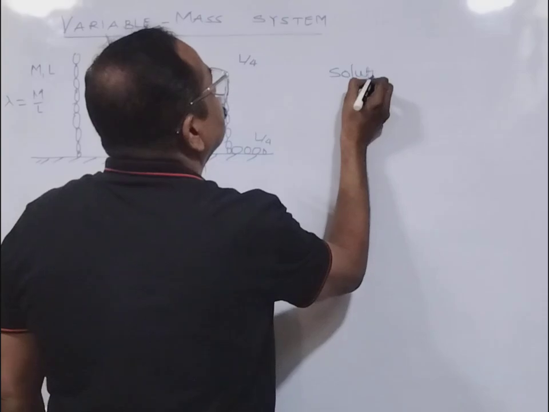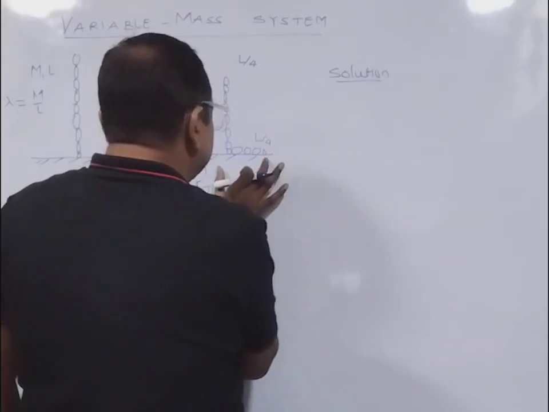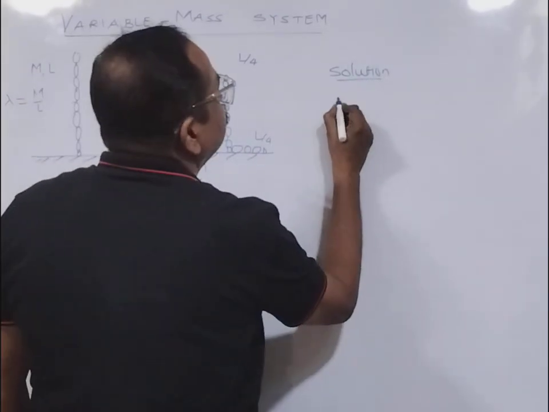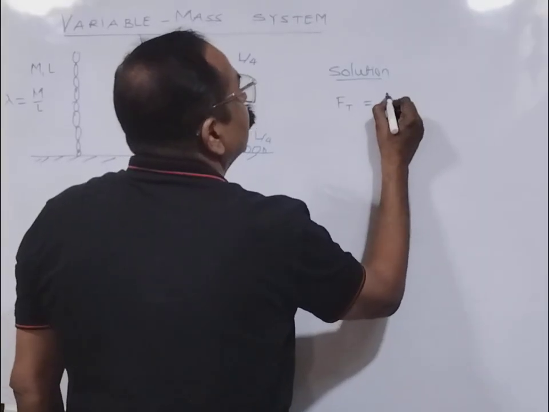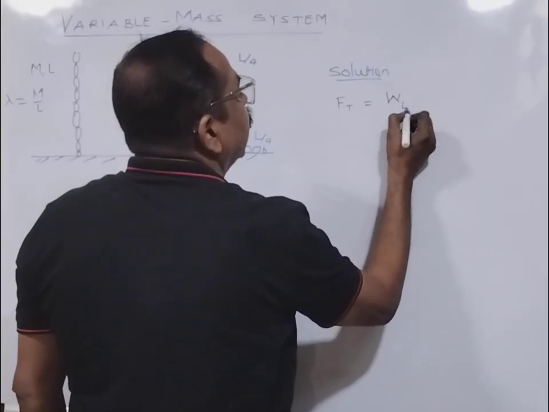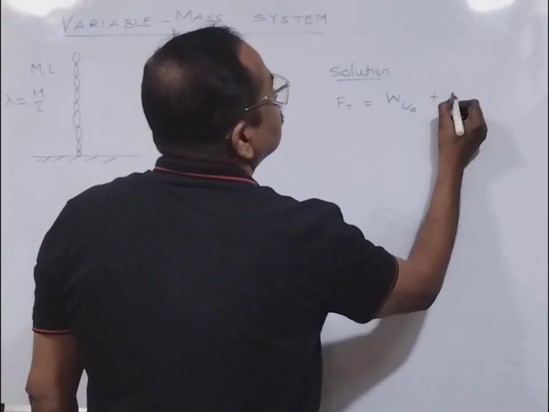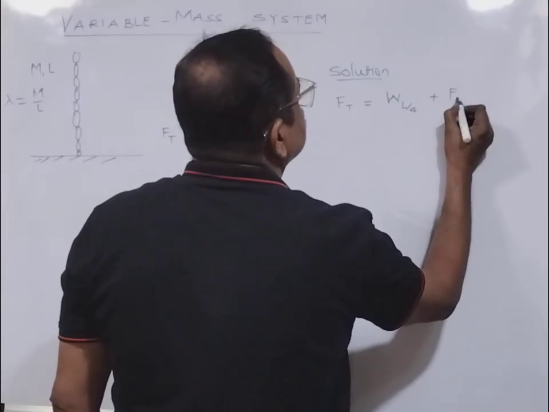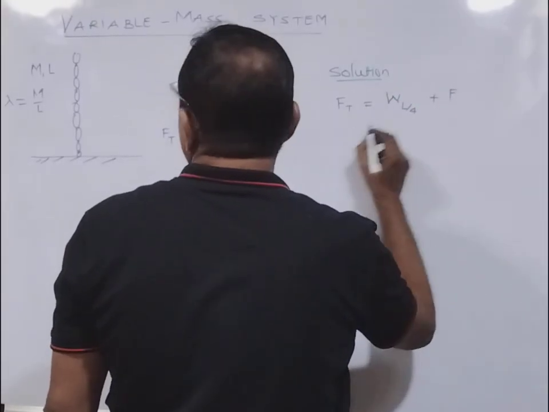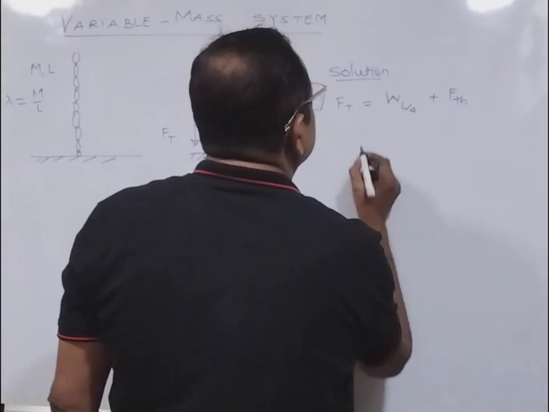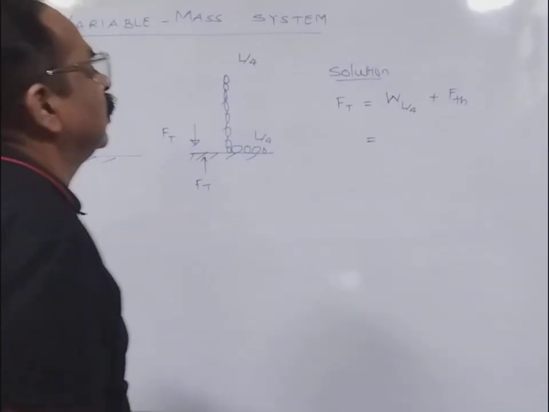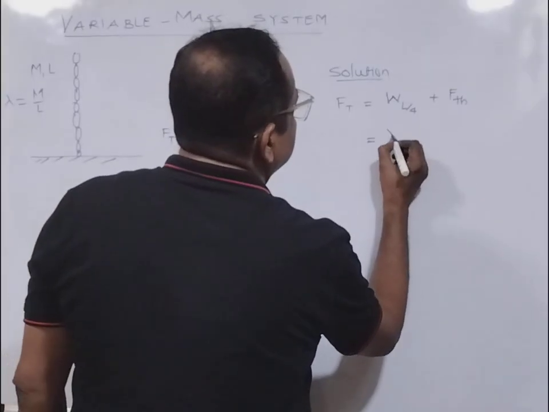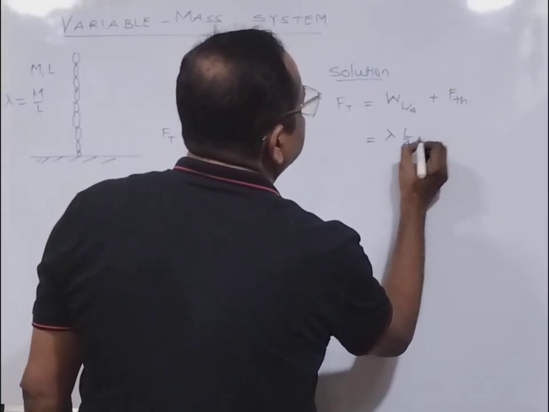The total force of the falling chain is the sum of the force due to the weight of L by 4 plus the thrust force. So the weight of L by 4 is the mass per unit length into L by 4 into g.